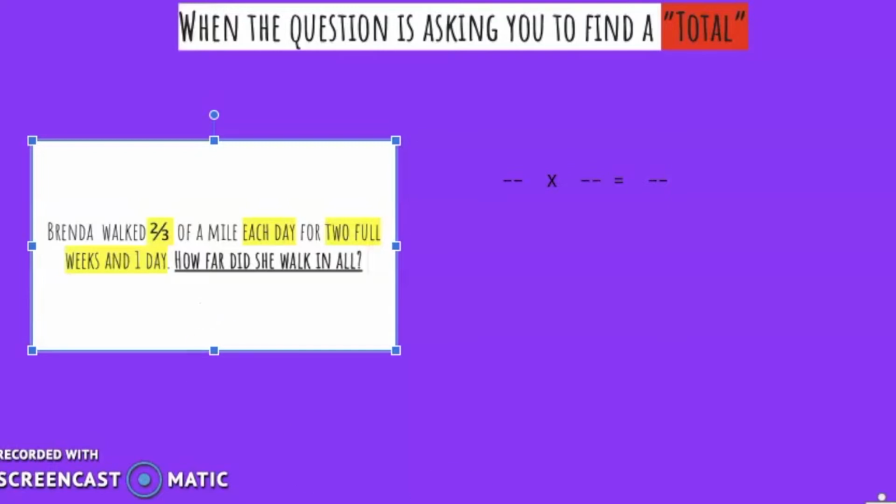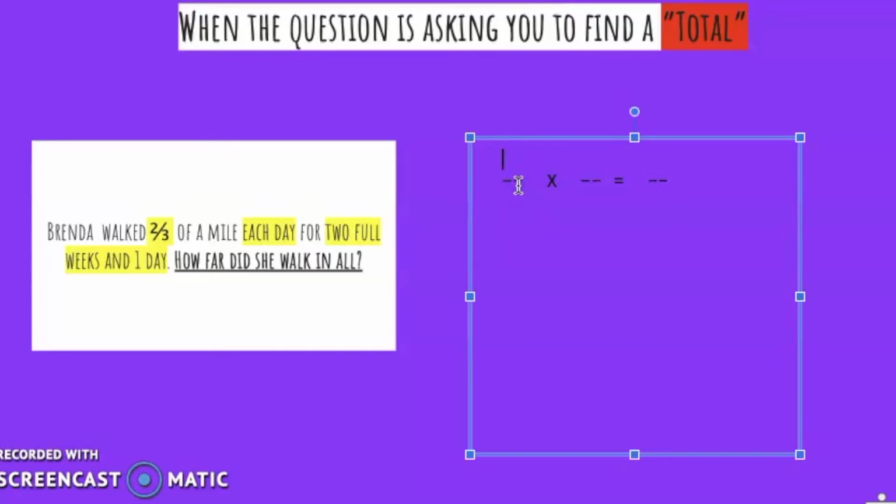So to make it easier for us, we're going to multiply. Now, what two pieces of information am I going to multiply? Well, I know that she walked 2/3 of a mile for 2 full weeks and a day.